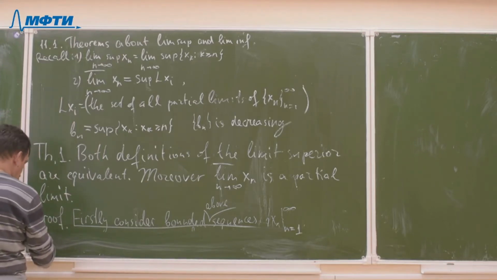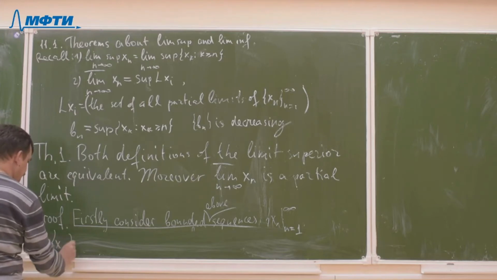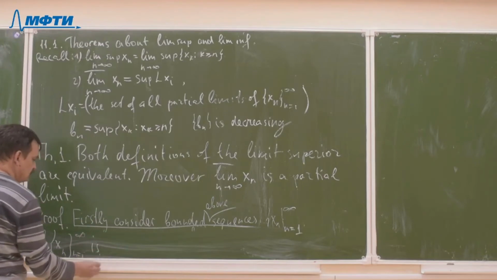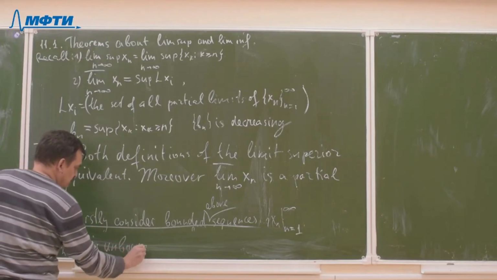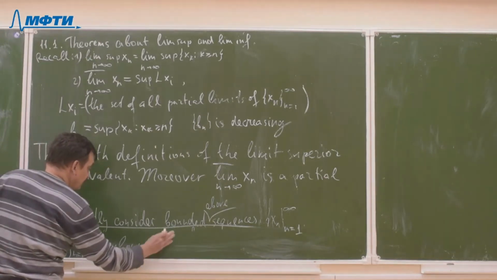So now if xn is unbounded above, then what happens?